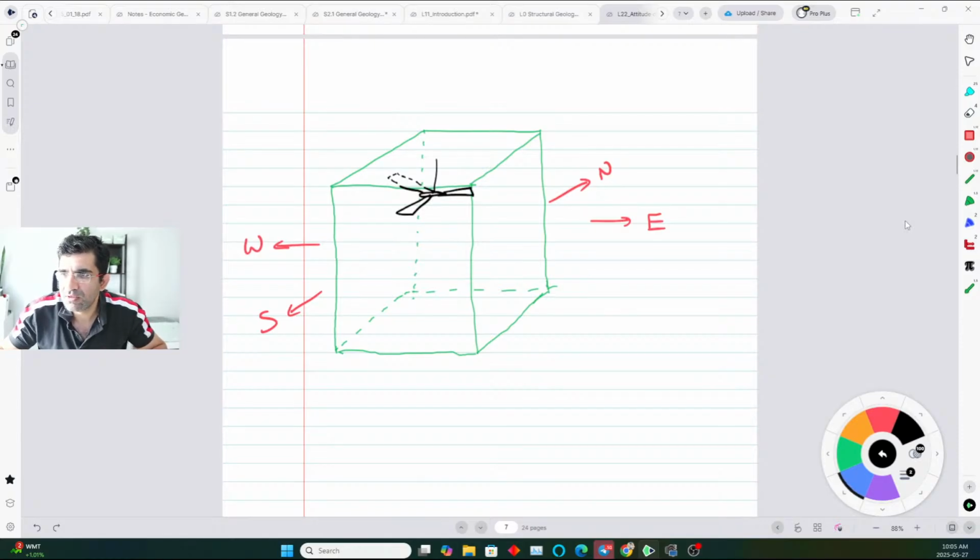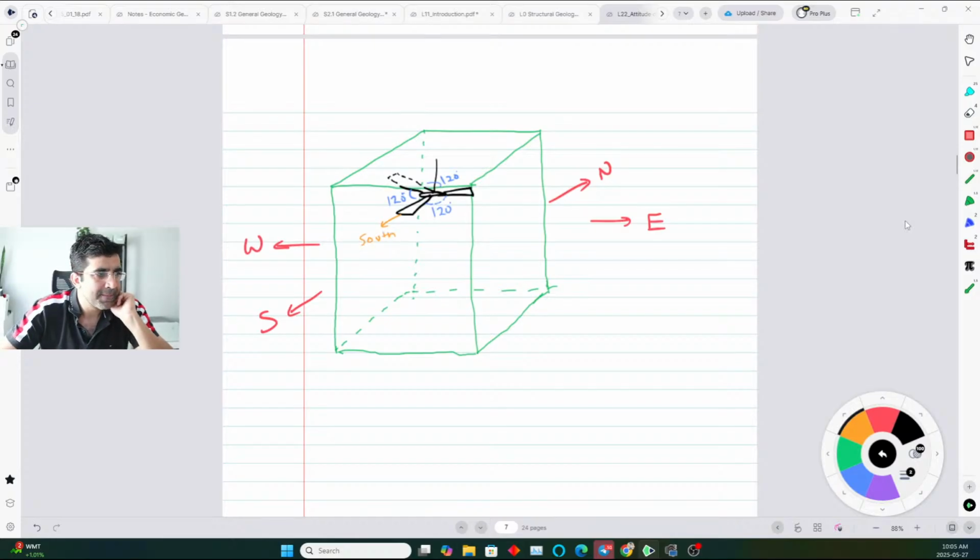Are you sure? 120 degrees. 120 degrees, right? So this blade is south facing.